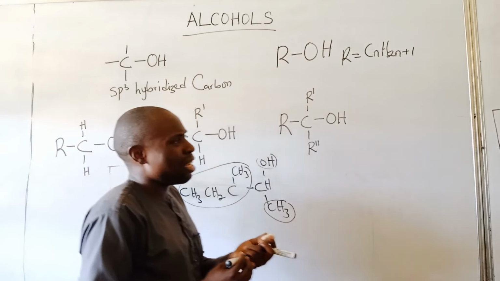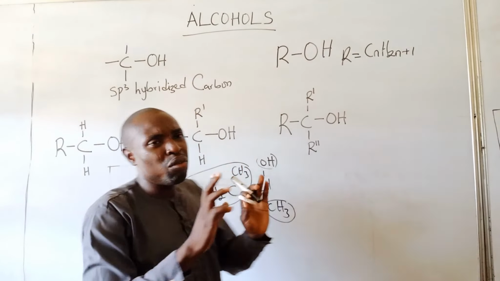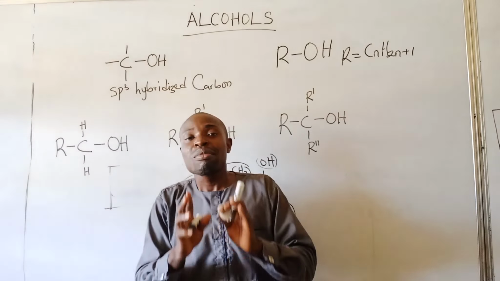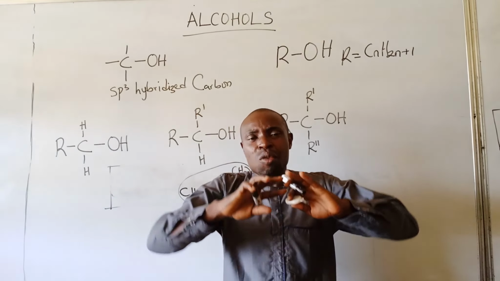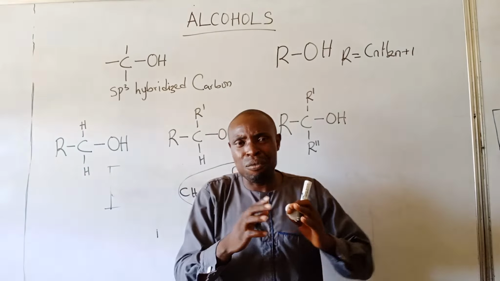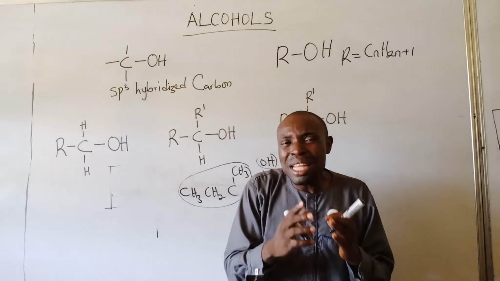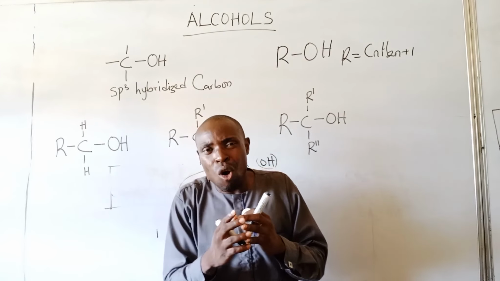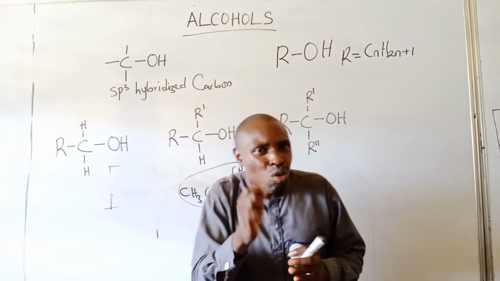Then we move ahead, going deeper into the family of the alcohol. Now we should understand that alcohol is a wide range of organic compounds, and that the first 5 members of the alkanols are water soluble.